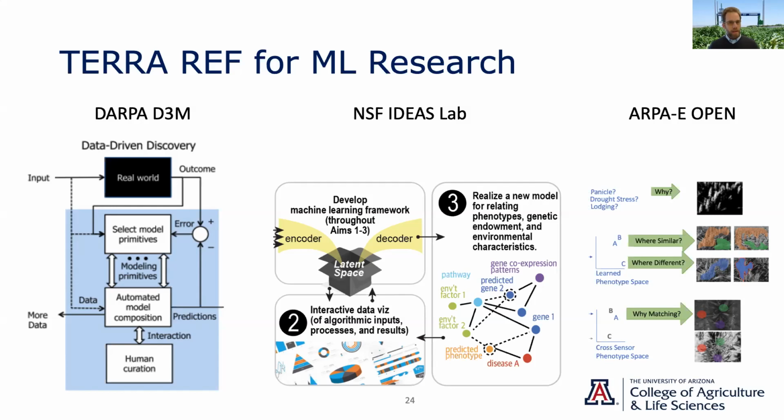NSF funded an Ideas Lab program in order to work out gene by environment interactions using machine learning. And finally, a large fraction of our team has been funded to do additional research into explainable AI, i.e. figuring out what and why a black box machine learning algorithm is learning from in these images.